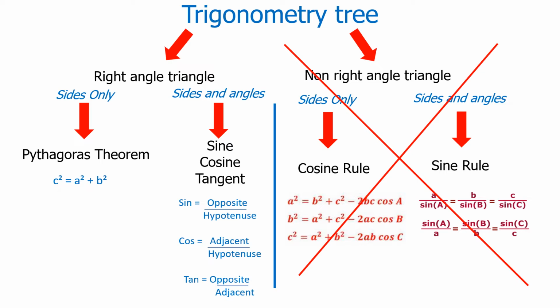The formulas are divided into 2 categories. Category 1, if I have a triangle with only lengths or a few lengths, or category 2, I have triangles with some lengths and some angles. Just note that sometimes we'll need to use formulas from both categories to solve triangles.